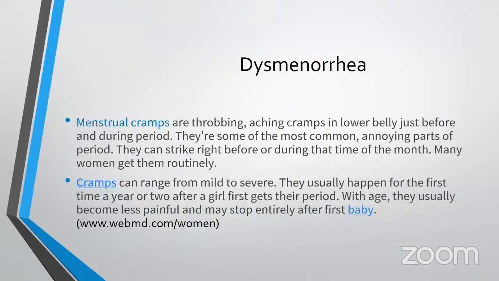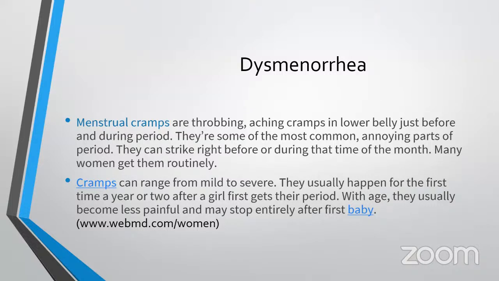Now let's get into what are all the problems that women are facing. Some few problems which women are facing during menstruation or other menstrual related disorders. This one is dysmenorrhea. Dysmenorrhea is the menstrual cramps. During menstruation, the women can experience a severe cramp.